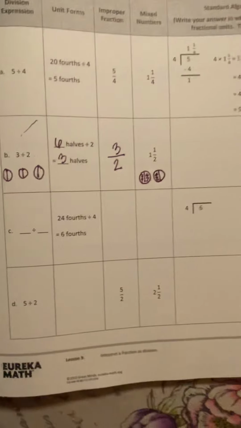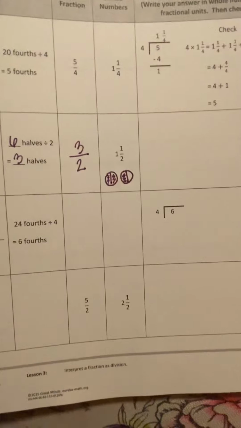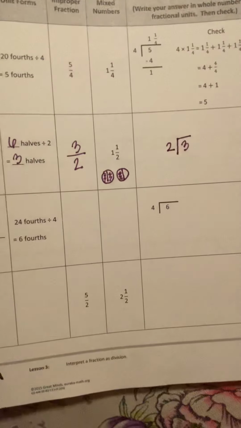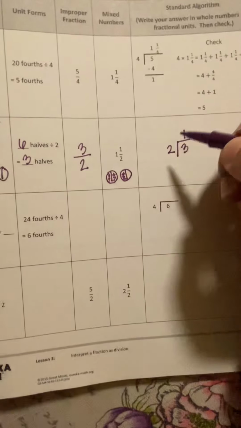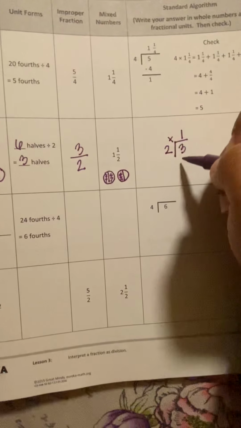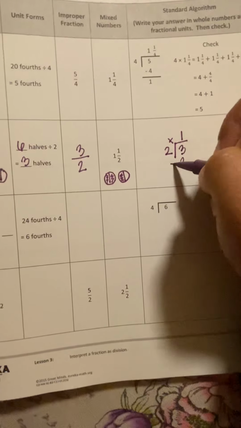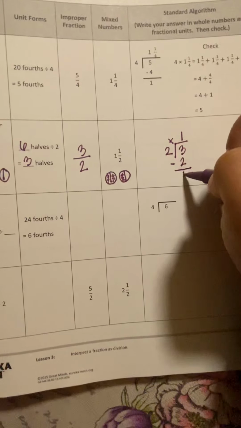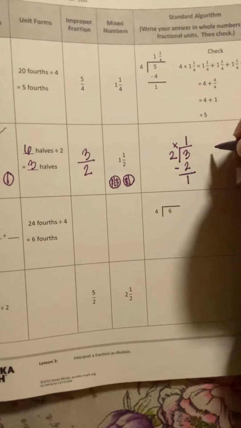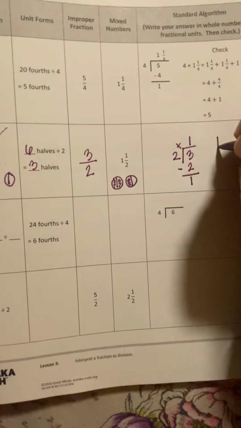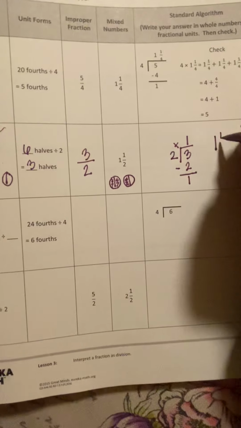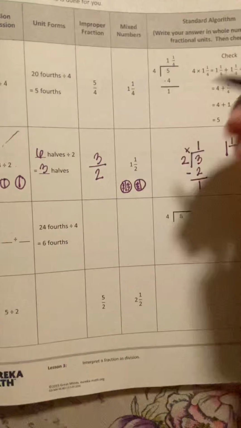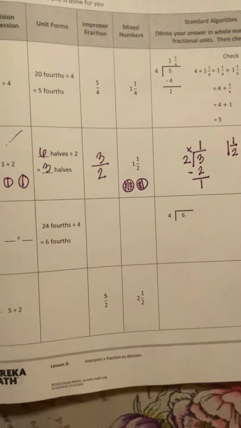Now the standard algorithm says that I would be dividing the 3 by the 2, right? 2 fits into 3 one time, and 2 times 1 is 2. We subtract, and we get a remainder of 1. So that would be 1 whole and 1 over, in this case, our denominator would be 2.